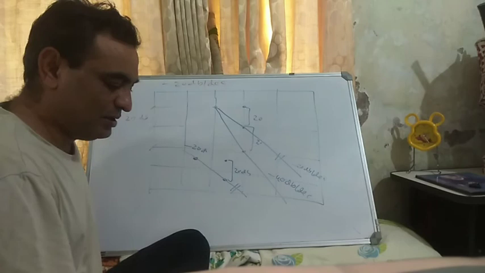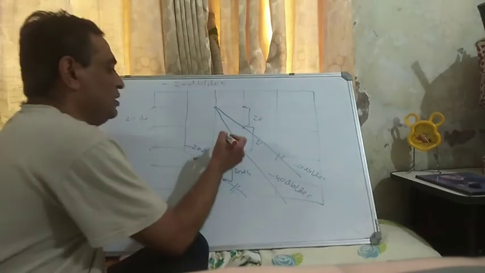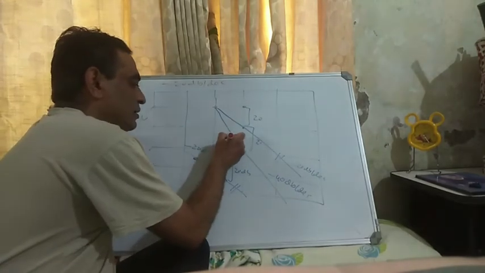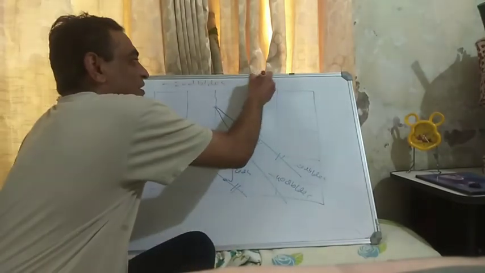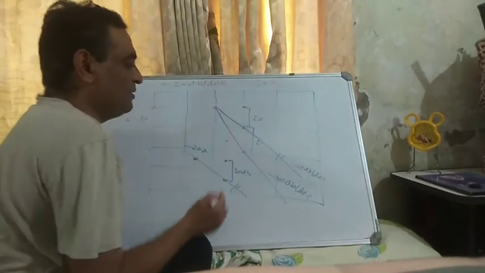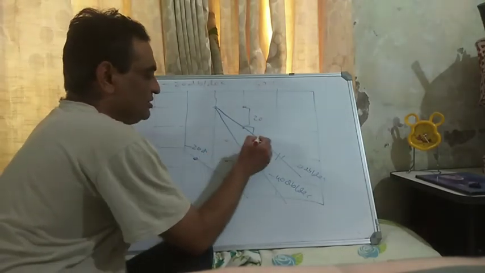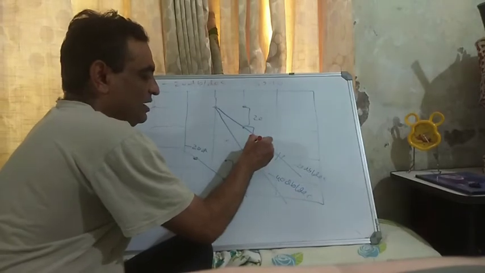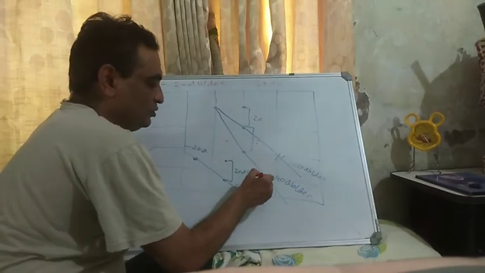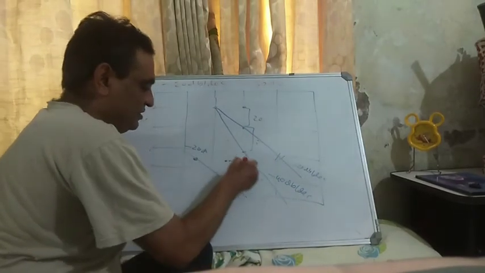Let's say, for example, I want to draw a line passing from this point whose slope is minus 60 dB per decade. So what will I do? I can go from here 1 decade here, and then 1, 2, and 3. I will join this.